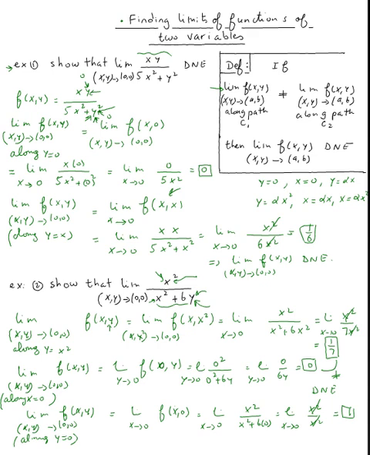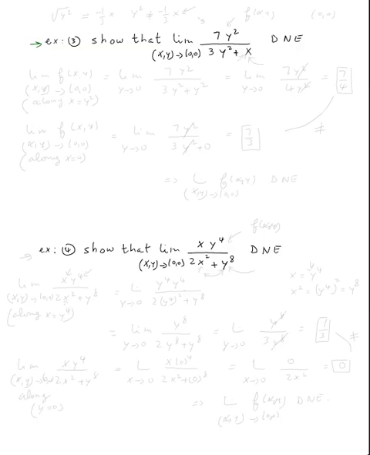Alright, let's move on to example 3. Again, as soon as I'm trying to show that the limit of 7y squared over 3y squared plus x does not exist, as soon as I see this, if I want to get an easy number that's not equal to 0, an easy limit, I let my x equal y squared.